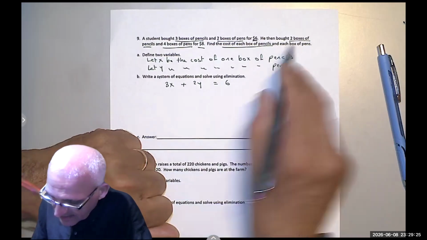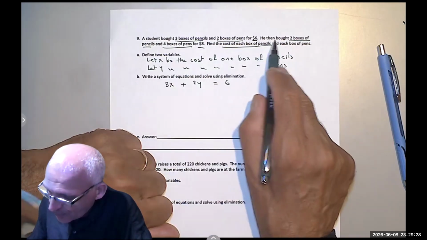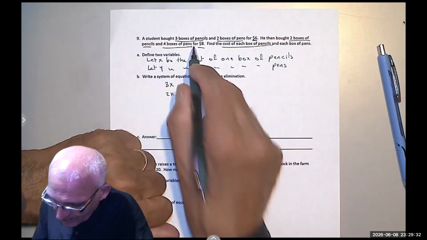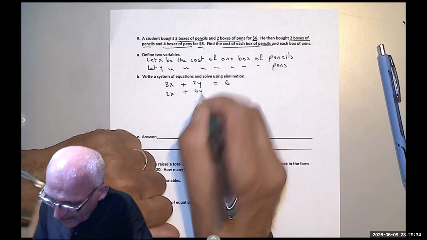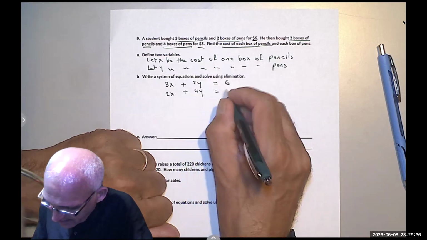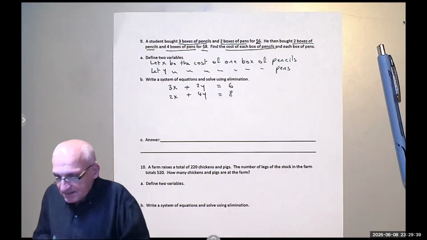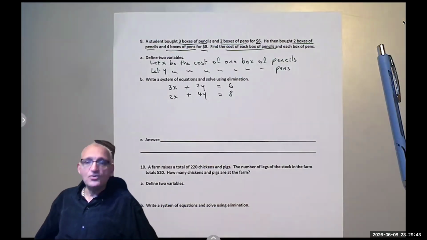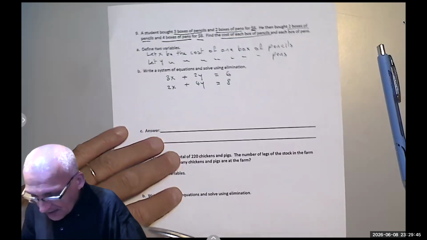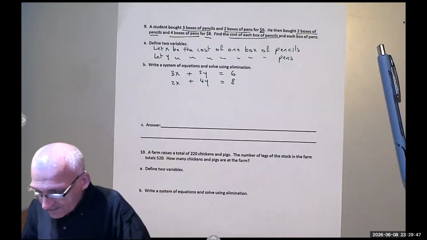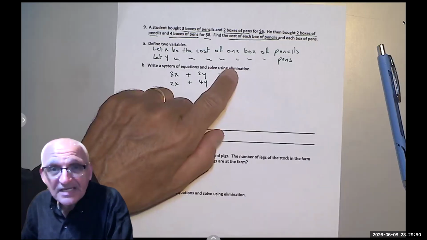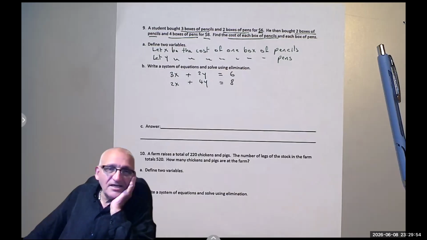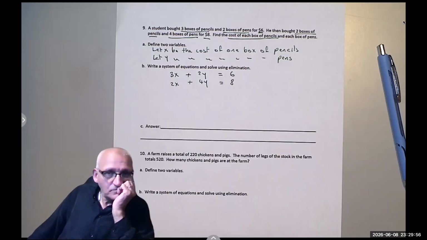And then they tell you, he then bought 2 boxes of pencils that cost 2X and 4 boxes of pens, that's 4Y, and that cost him, or her, $8. And now we have 2 equations in 2 unknowns, to solve using elimination. Even if they don't tell me, I would say elimination is easy. Why?